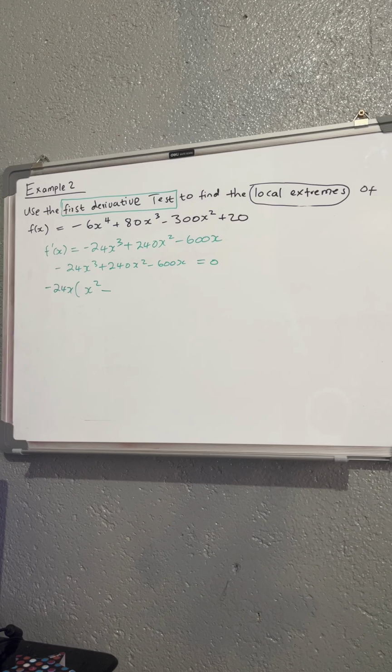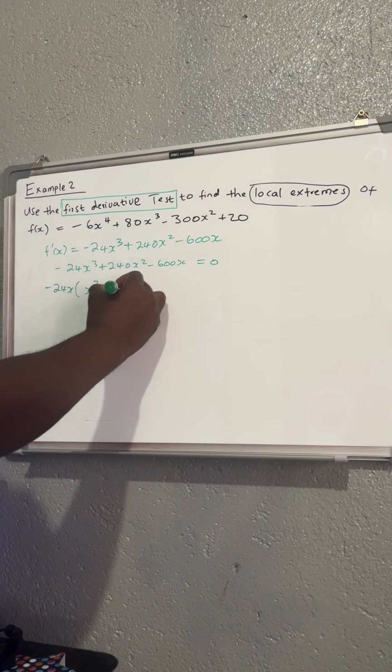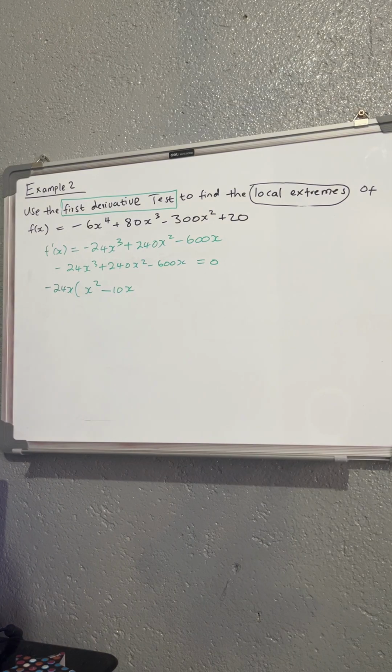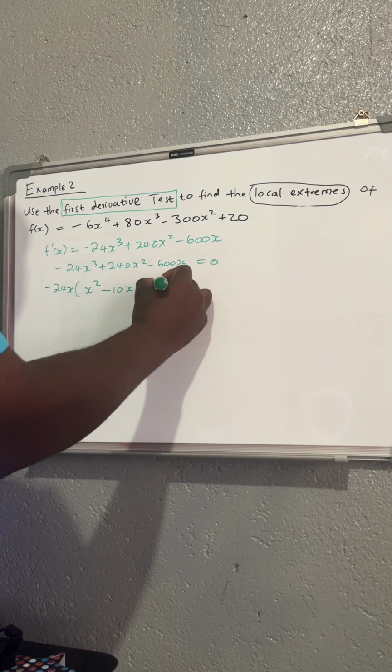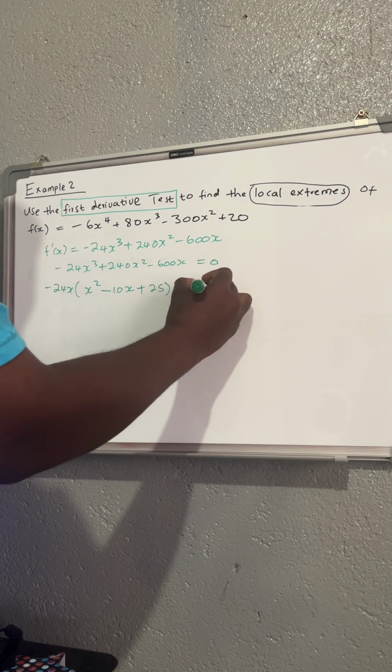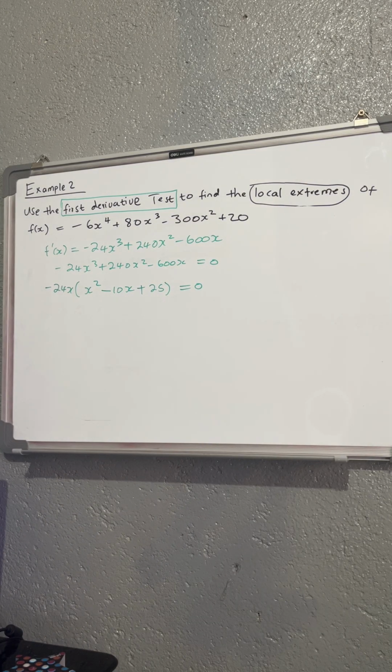Then 240 divided by 24 gives us 10. Then we're going to have that 10x. Then 600 divided by 24 gives us 25, but now the sign is going to be positive. Then we have that 25, then this equals 0. You see?